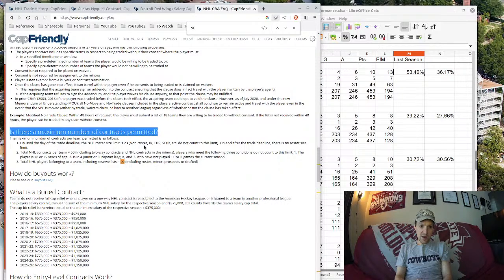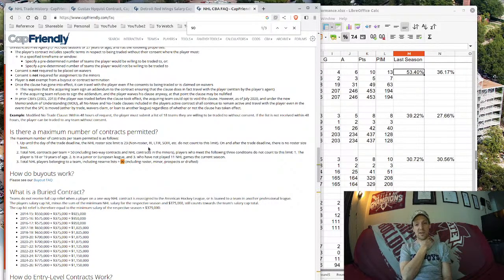Active rosters 23, we already know that, or generally speaking, we should. Total NHL contracts per team 50. And then total players belonging to a team is 90.